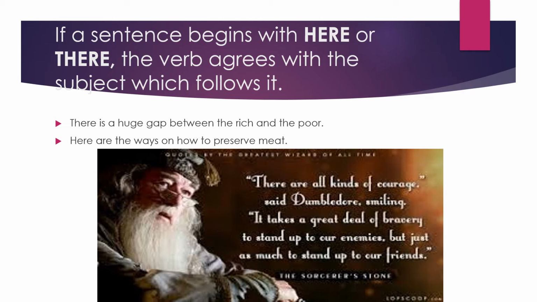So here, the word are is used because we have a plural noun, kinds, following the verb. The moment you have a plural noun, you will be having are. With a singular noun, you'll be having is after the words here and there. And this rule is only applicable when the sentence begins with the word here or there.